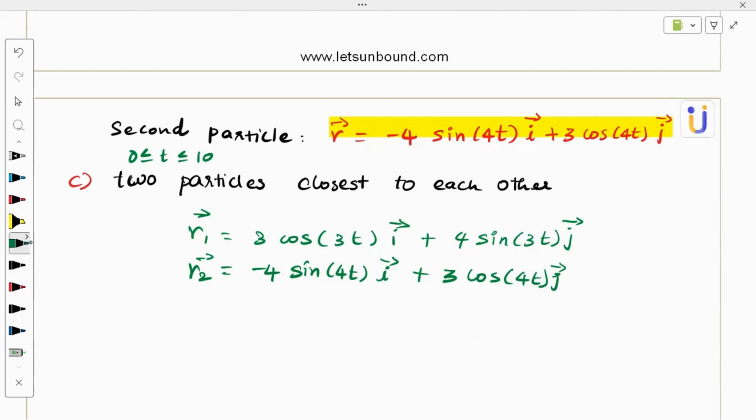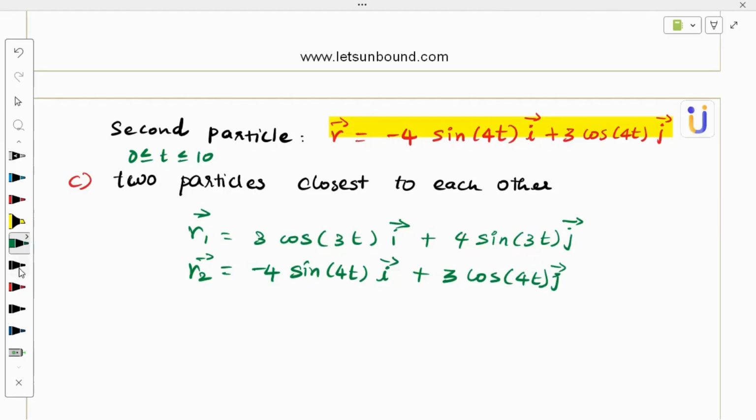At that moment, we need to find the time. Also, at time k, the second particle is moving parallel to the first particle. This is one more part. So for this, we need to find the time when the two particles are closest to each other.